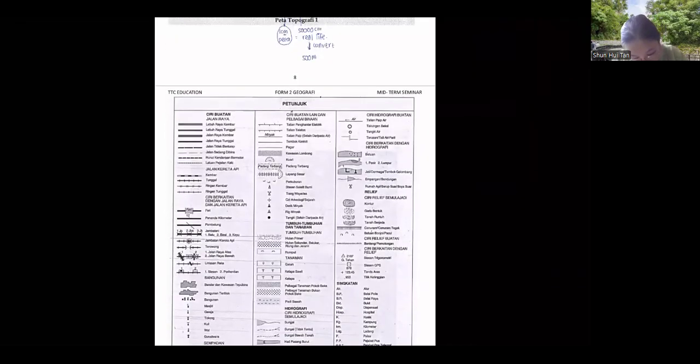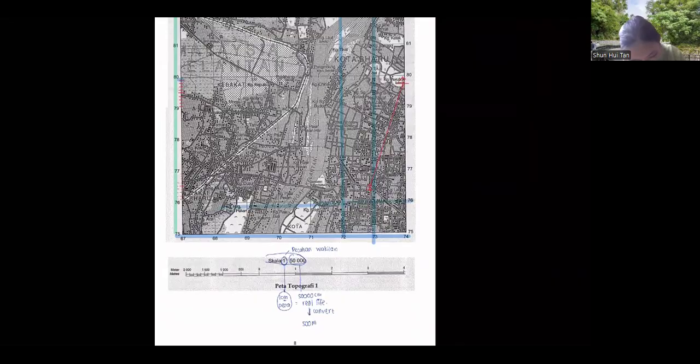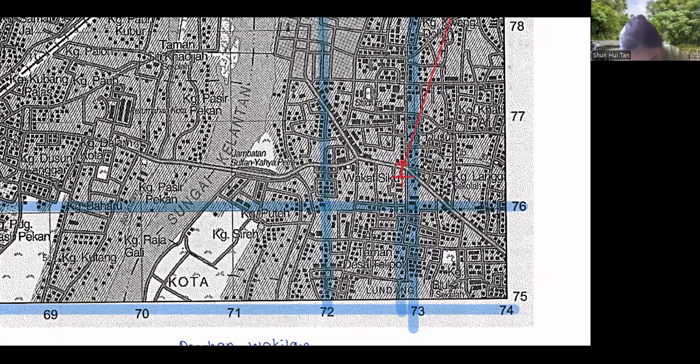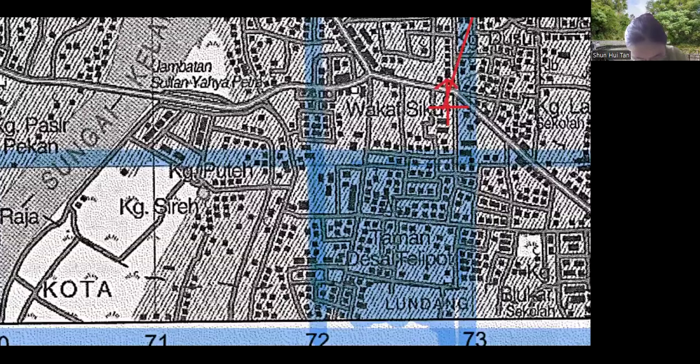So they're asking you in this area. Now, I erase a little bit so that you can see, okay? This is a Taman Desa. Cannot see the word, okay? Now, here. Is this what it is?